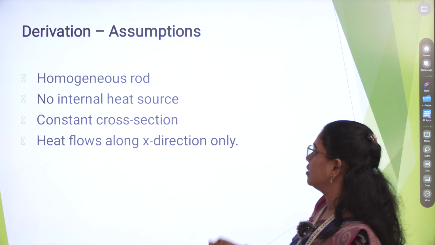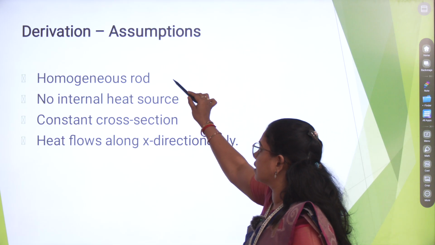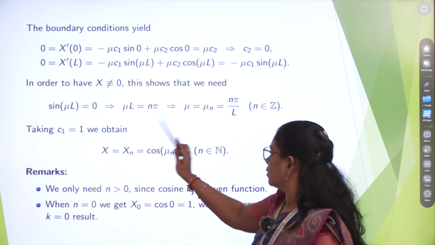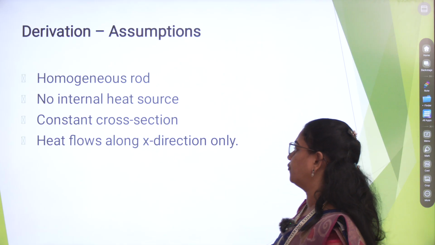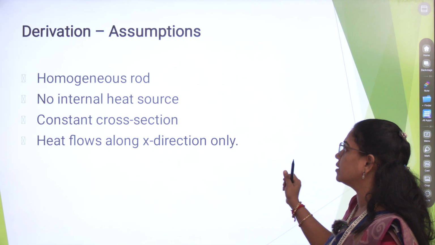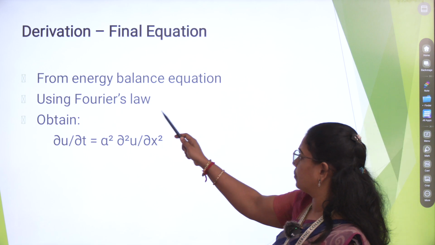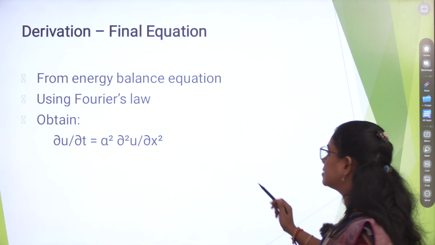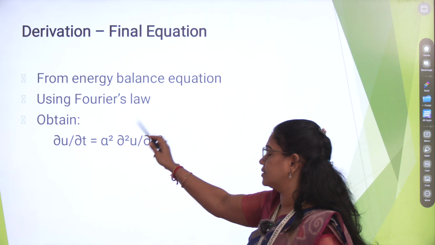Next, the derivation assumptions. For the previous problem: a homogeneous rod, no internal heat source, constant cross section, heat flow along the x direction only. We derive the final equation from the energy balance equation using Fourier's law.